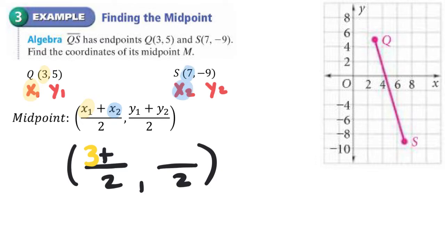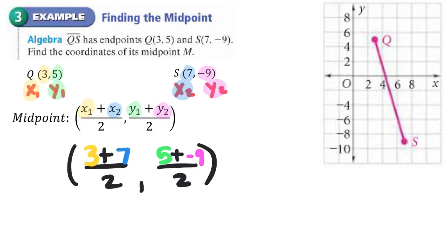So I have 3 plus 7, comma, the y1 coordinate, which we can see is 5. So I can fill in a 5 plus the y2 coordinate, which we can see is -9. So I can fill in a -9.